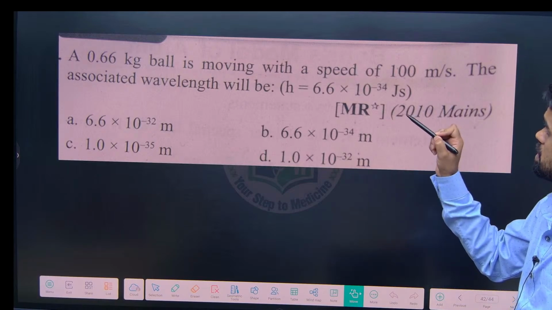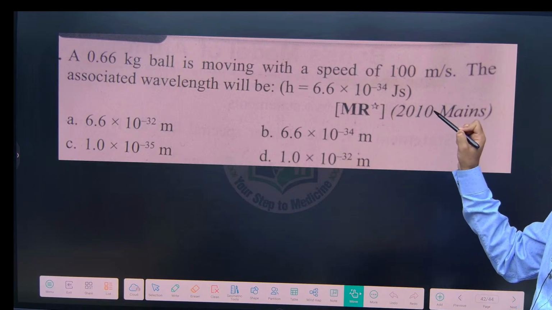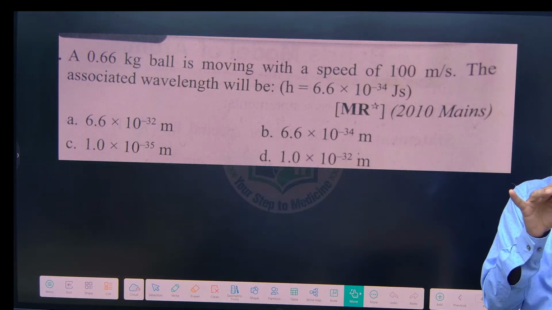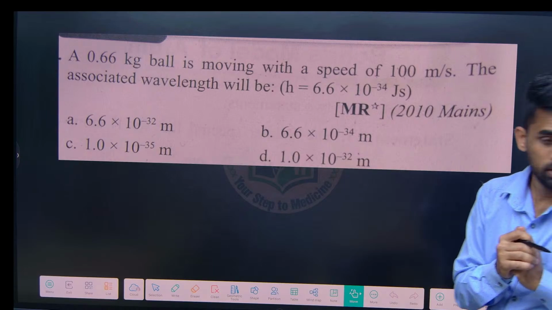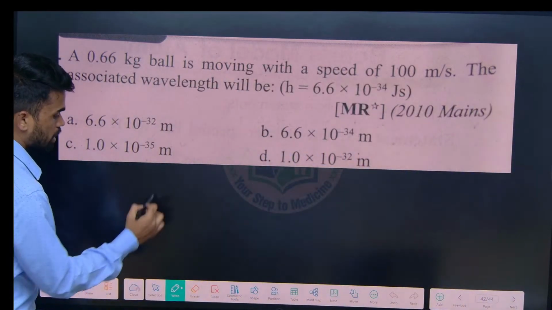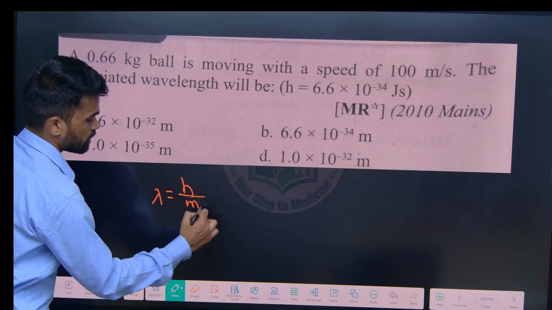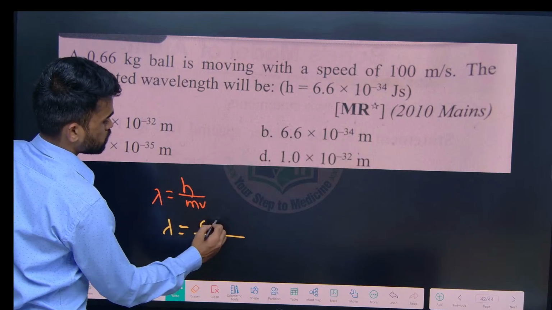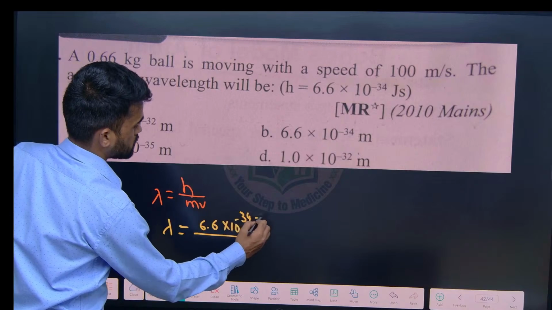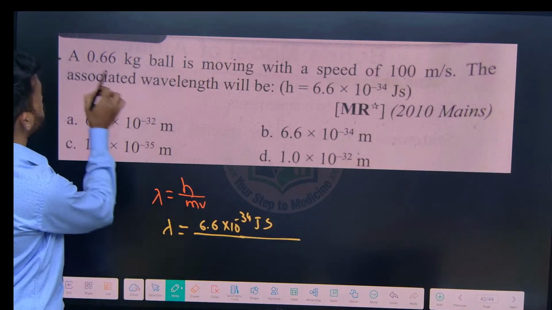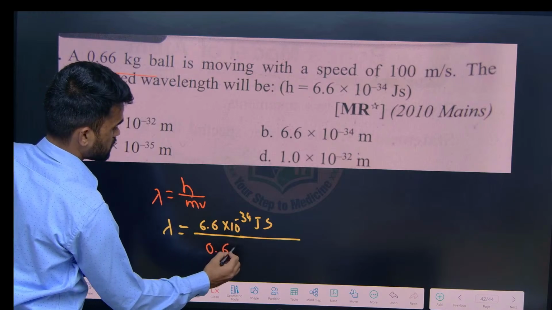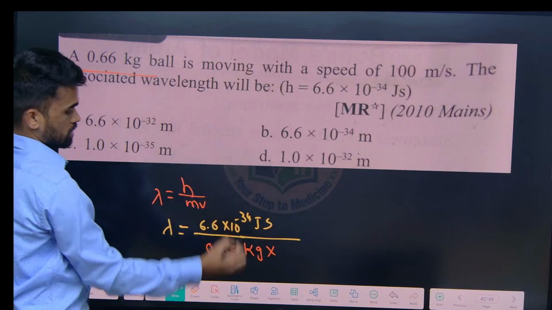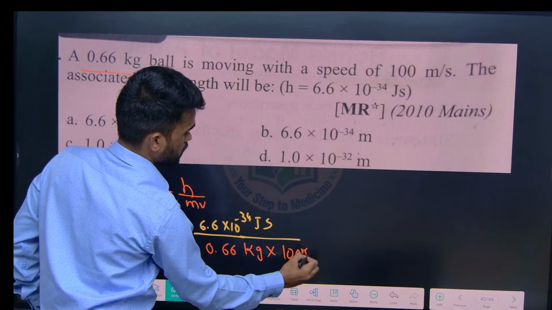A 0.66 kg ball is moving with a speed this much; the associated wavelength, mass, wavelength. What is the relation? De Broglie equation, lambda equals h by mv. So now lambda equals, now what they are asking, wavelength, no? 6.6 into 10 power minus 34 joule second. Mass is how much? 0.66 kg. Velocity is how much? 100 meter per second.